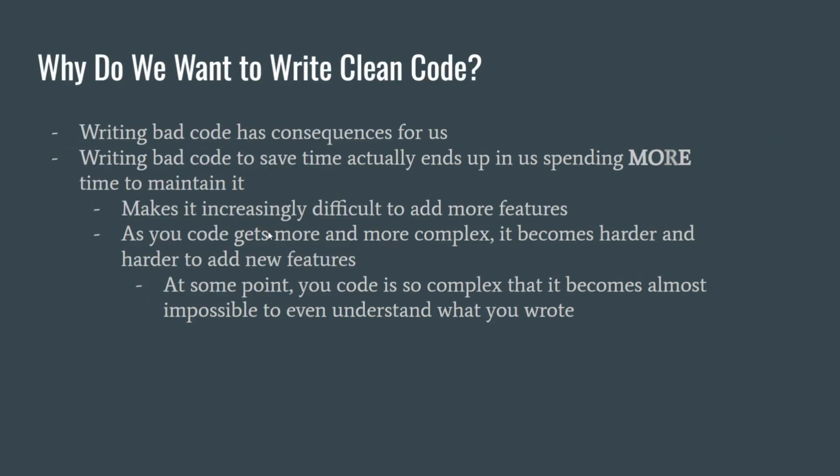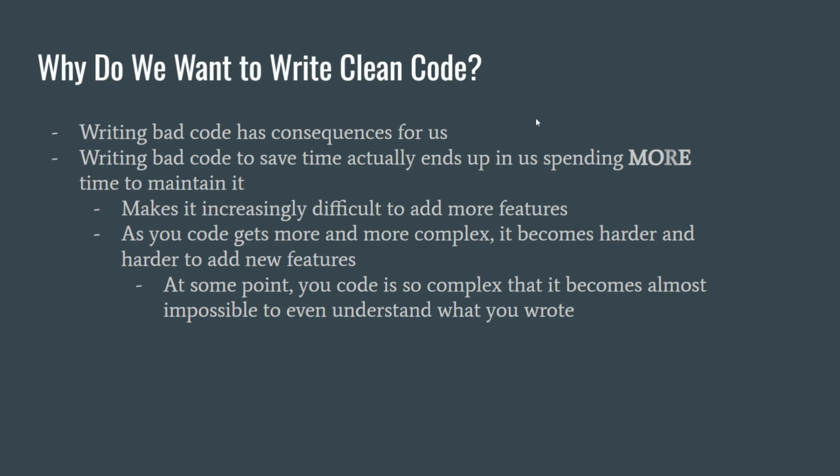Okay. So why do we even want to write clean code in the first place? The reason he says is because writing bad code has consequences for us. Sometimes we're given a task, like maybe implement this coins feature, and the task might have a due date of like 2 days.